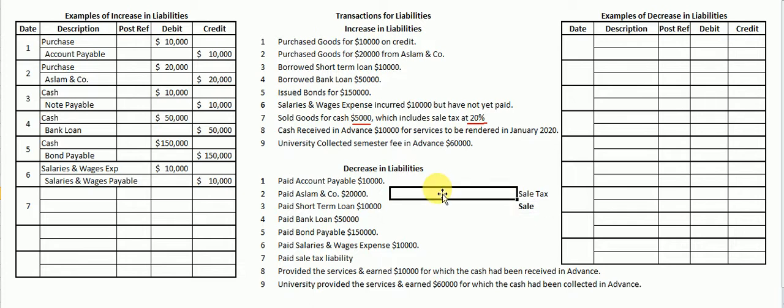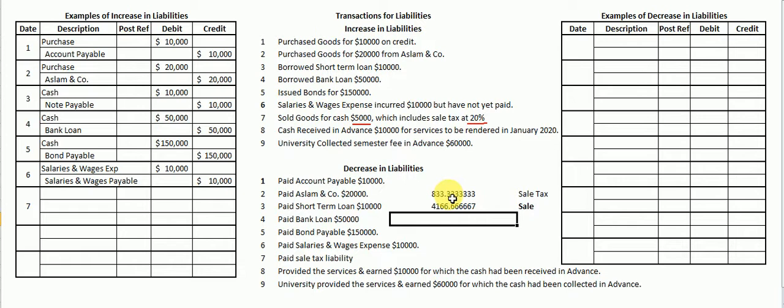For the sales tax, take the 5,000 and multiply it by 20 over 120. If you want to compute how much is the 20% tax in this $5,000, that is equal to 833.33. And now how much is the original value? When you subtract this tax from the 5,000, that is equal to 4,166.